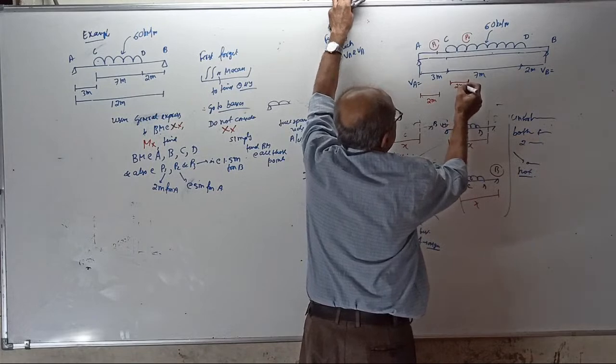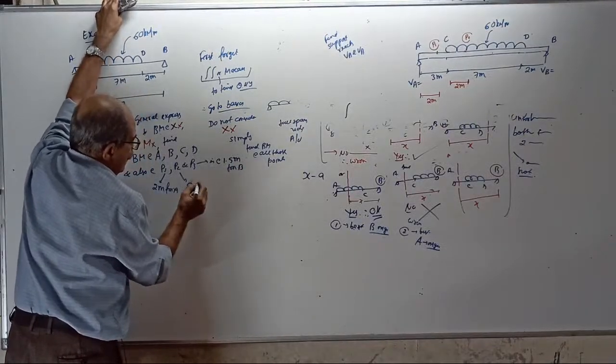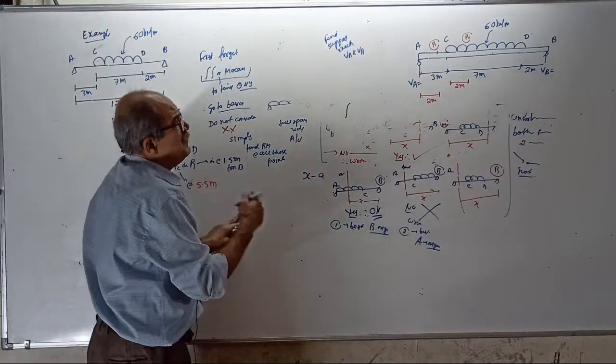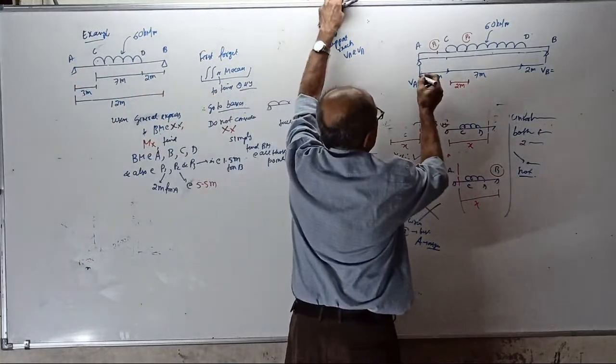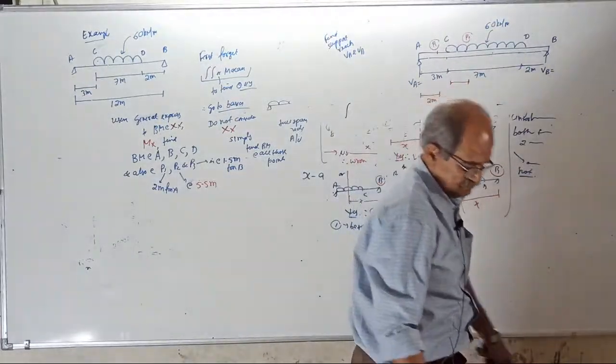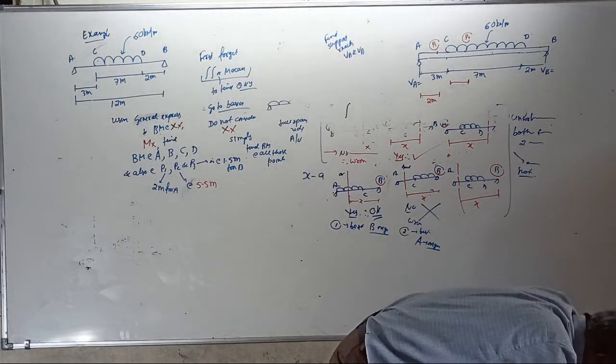This is not 5 meter. Change the question. I do not want the same number. Not 5 meter, I will take 5.5 meter. Okay. 5.5 meter from A. Question changed.